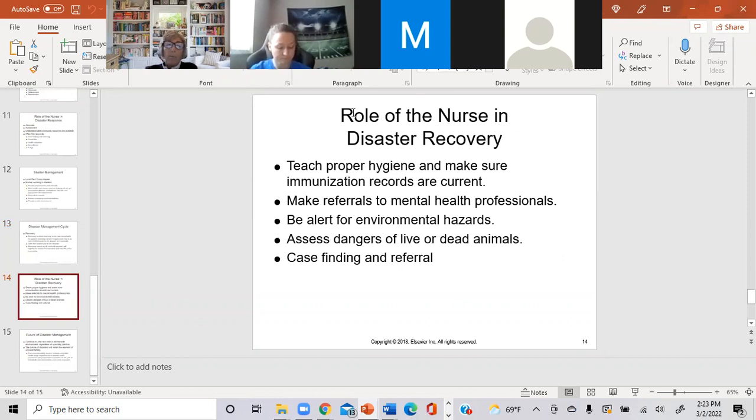What might our role be in the recovery effort? It may be as simple as teaching proper hygiene, making sure immunizations are current, referrals to mental health, and assessing the risks of environmental hazards after a disaster.